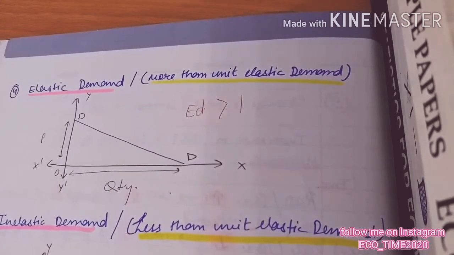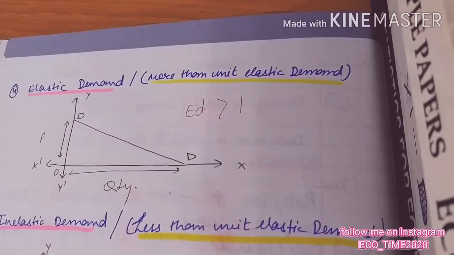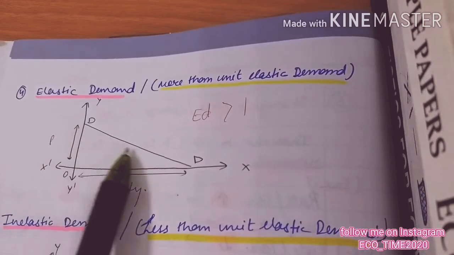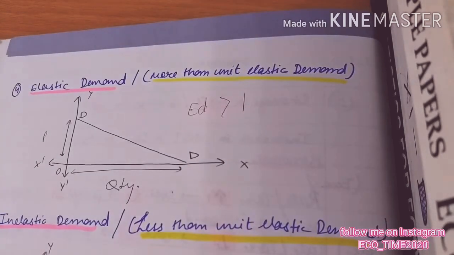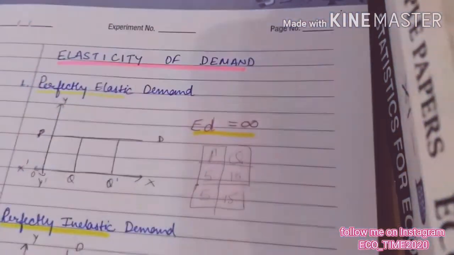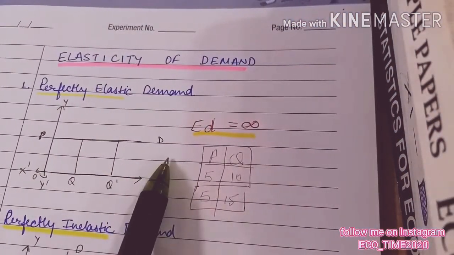Let me give you the explanation. When percentage change in quantity demanded is more than percentage change in price, then the demand for such commodity is said to be highly elastic or more than unit elastic. So the demand curve will be flatter. As you can see, it is flat and it is similar to perfectly elastic demand.